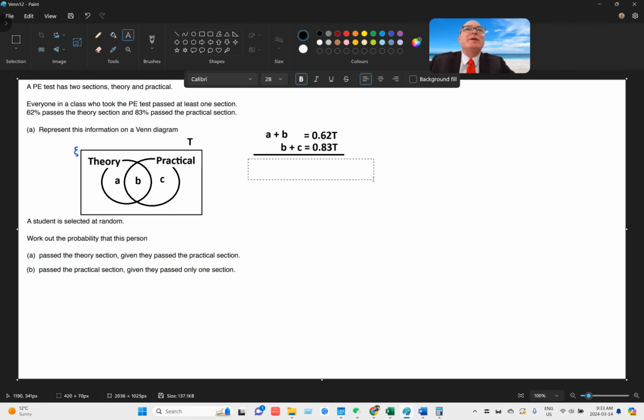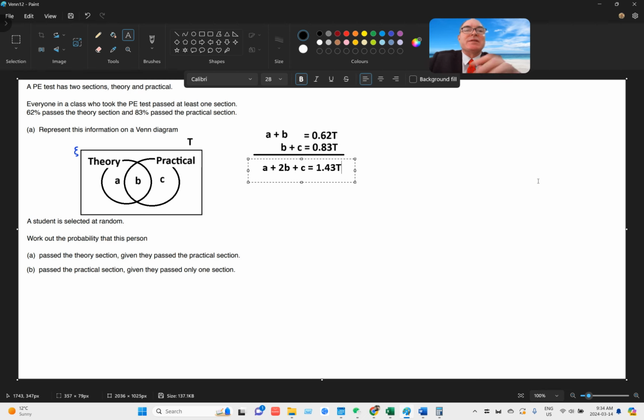Now I know normally I put a little box there and say I'm adding these. But here we've got A plus, I'm adding these two equations. This equation plus this equation. B plus B is 2B plus that C is equal to 1.43T.